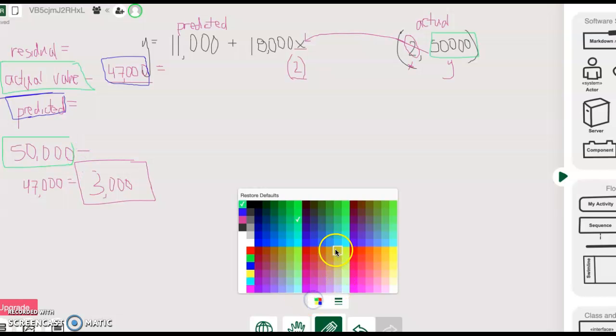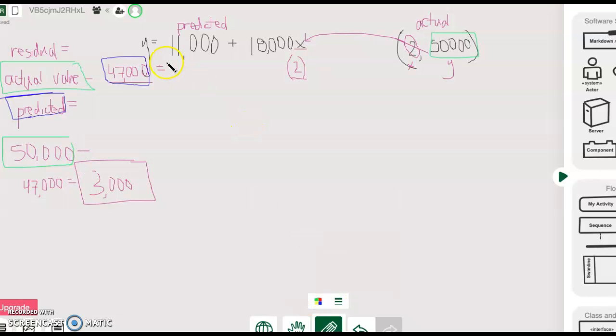My predicted value I just calculated using the equation, and it is 47,000. So I took 50,000 and subtracted 47,000 to find the difference between these two numbers, and the difference is 3,000. So my residual, my final answer, is 3,000. Sorry, it's kind of hard to see my final answer now that I boxed everything, but this is my residual, 3,000.